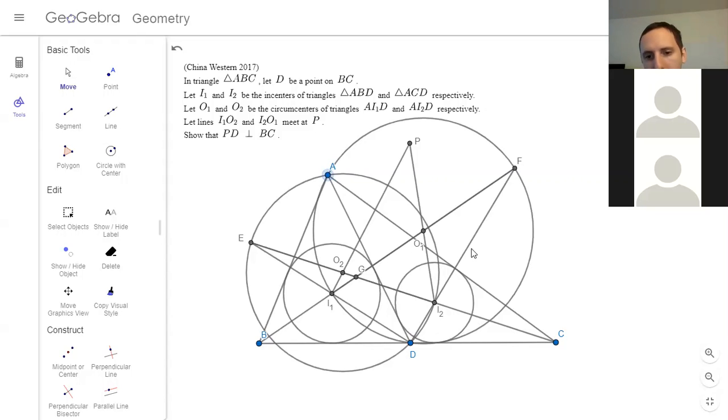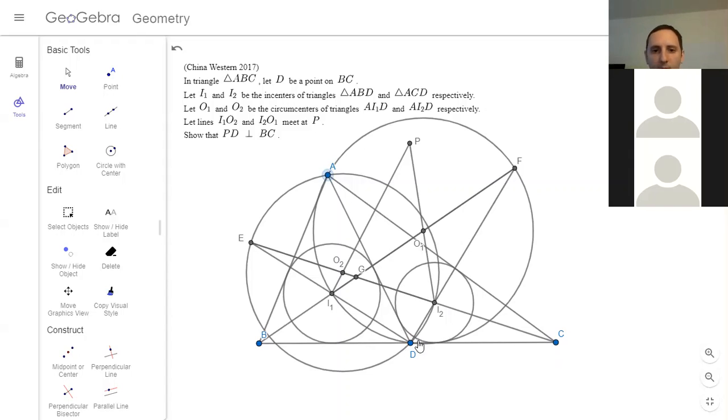And yeah, that has to be an angle chase because angle DI2E is 90 minus angle DEI2, which is angle DAI2, which is half of angle DAC, and we can show that that is 180 minus... Yeah, that's an angle chase.